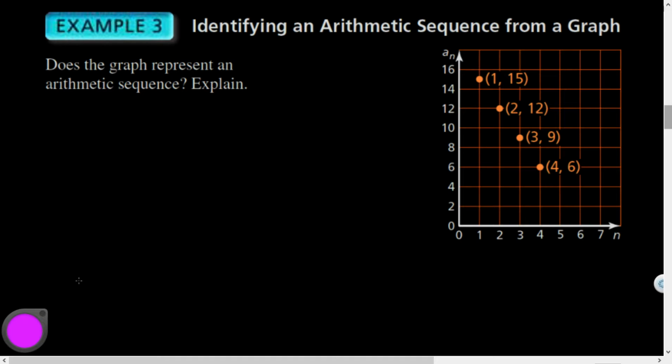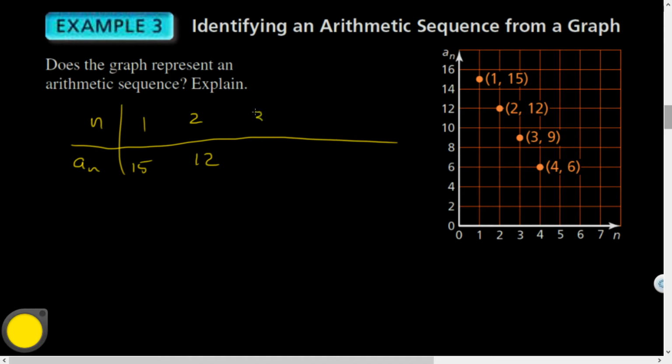One of the ways we could do this is turn this into a table now, right? So I could have my n and my a sub n. And so I'll have my first term was 15, my second term was 12, my third term was 9, my fourth term was 6.